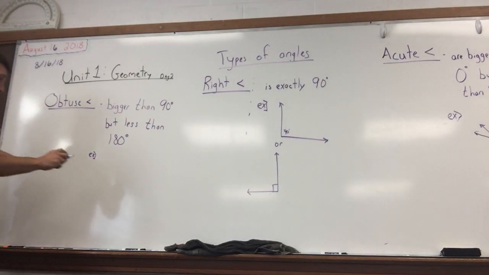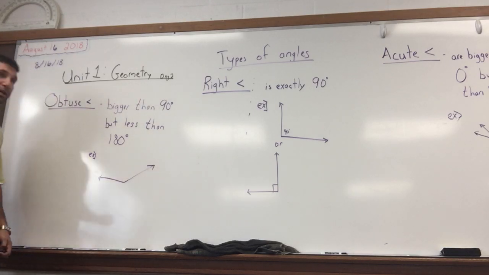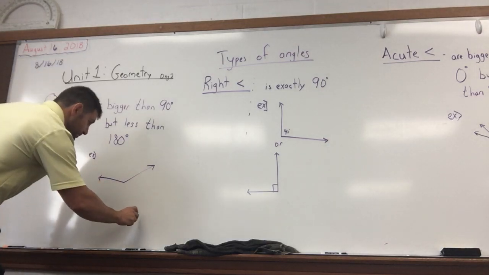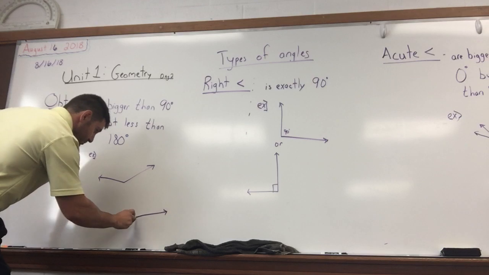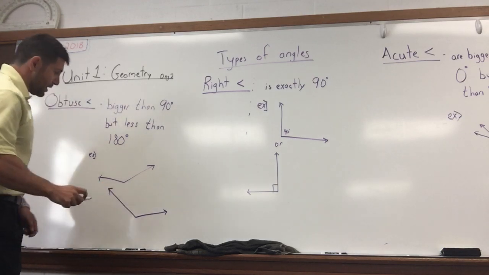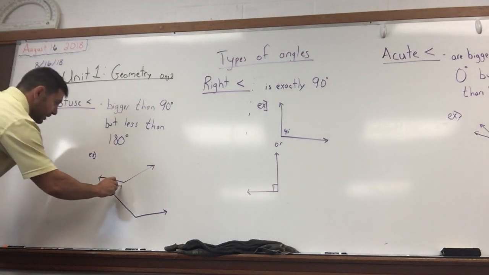So when we show an obtuse angle, we make it bigger. So that could be an obtuse angle. That could be an obtuse angle. Those are all obtuse angles.